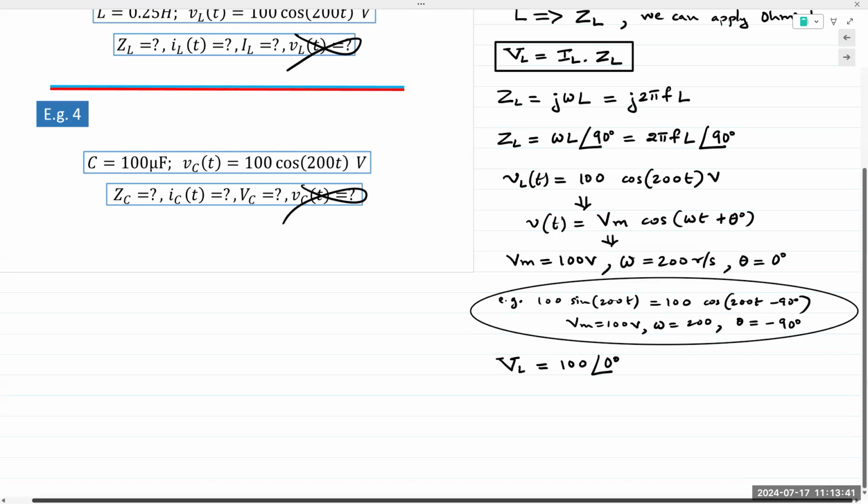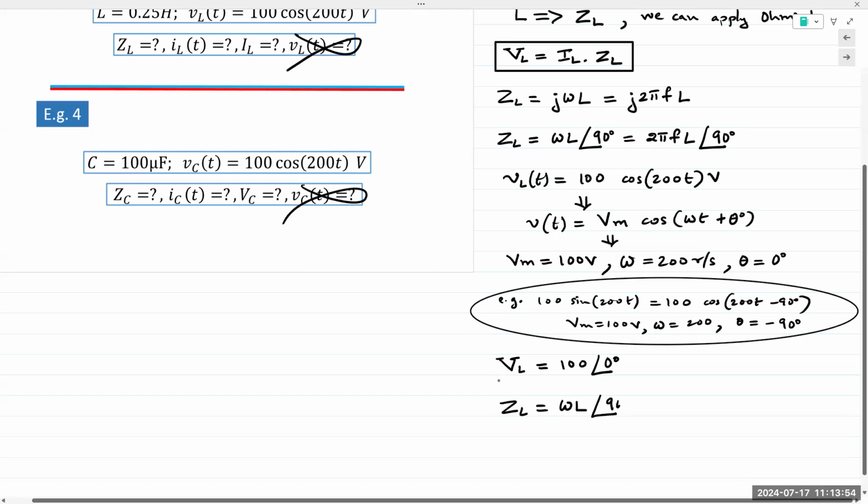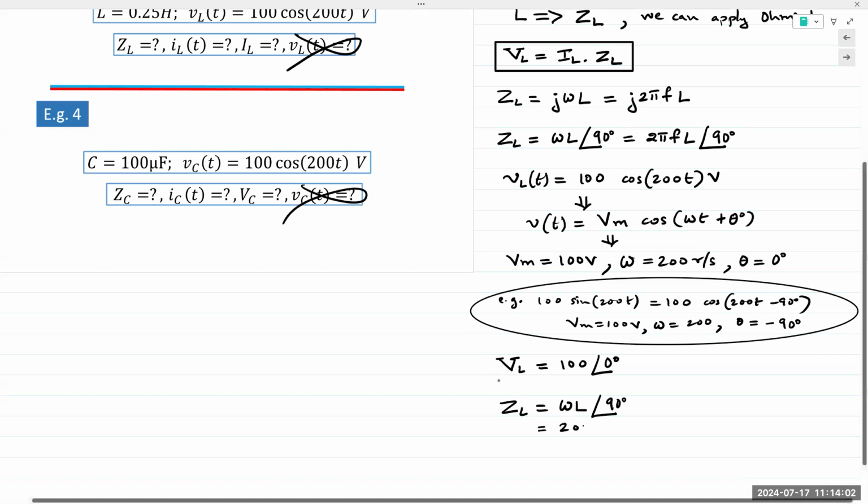If I'm performing a division, I would want all of my quantities in polar coordinates. So when I find ZL, I'm going to use the expression omega L with the angle of 90. Find it in polar coordinates. Omega is 200. Inductor value is 0.25 Henry, given in the problem statement.